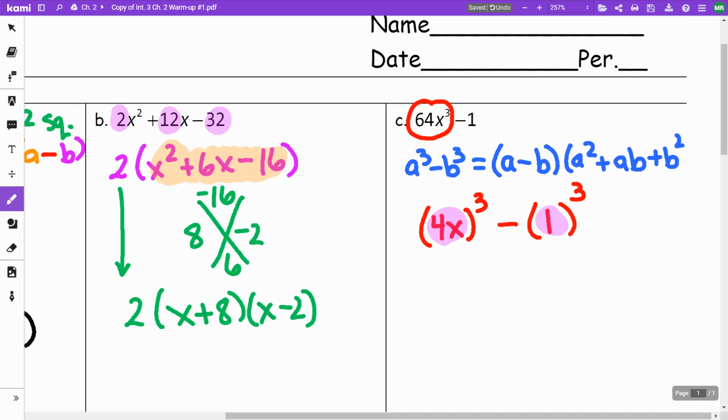So I am going to have a 4x minus 1. Then I'm going to square this first term, this 4x term, which is going to be 16x squared. This is a minus, so this is going to be the opposite. It's going to be a plus. I'm going to multiply 4x and 1 together, and I get 4x. And then I'm going to square a negative 1, which is 1. And that's your answer.